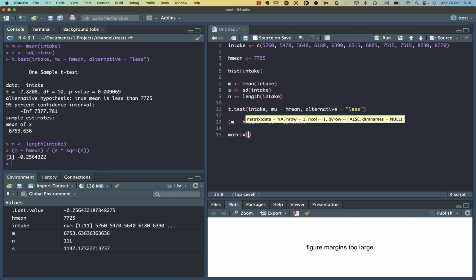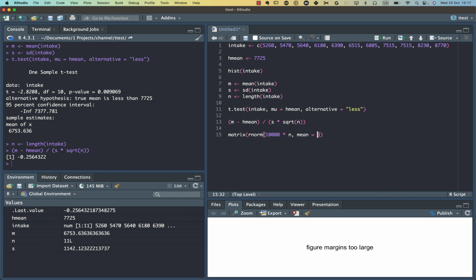So this would typically look like rnorm, and let's say you want to generate 10,000 samples. So there will be 10,000 rows times the number of columns, n. So you need 10,000 times n values drawn from the normal distribution.